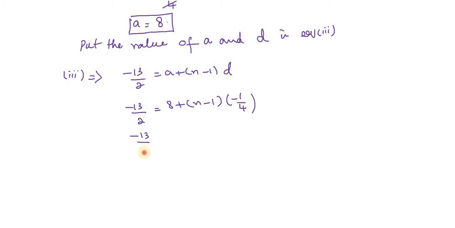So minus 13 upon 2 is equal to 8 plus minus minus n minus 1 upon 4.